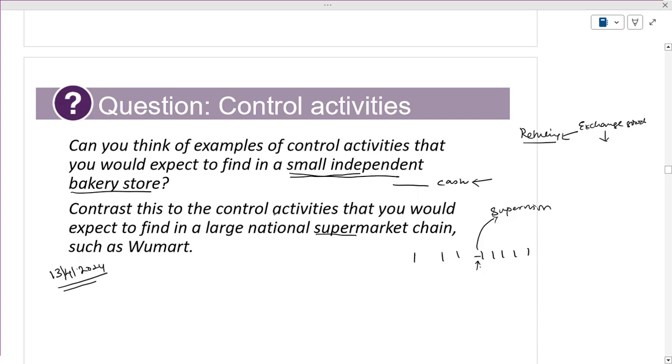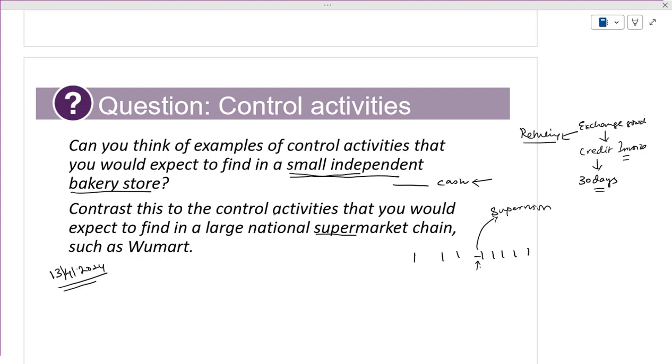They will give you a credit invoice. They will not deal with cash. This credit invoice you can exchange within, say, 30 days. I'm just giving an example. See, this is the process. This is the control.